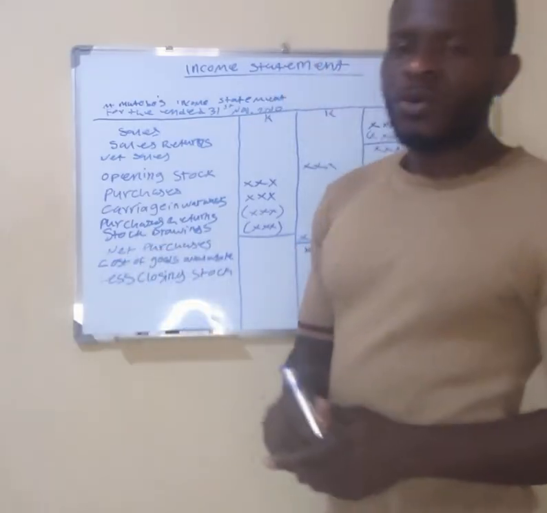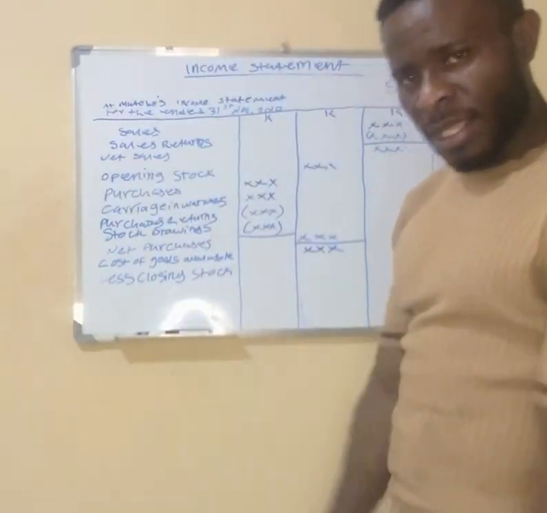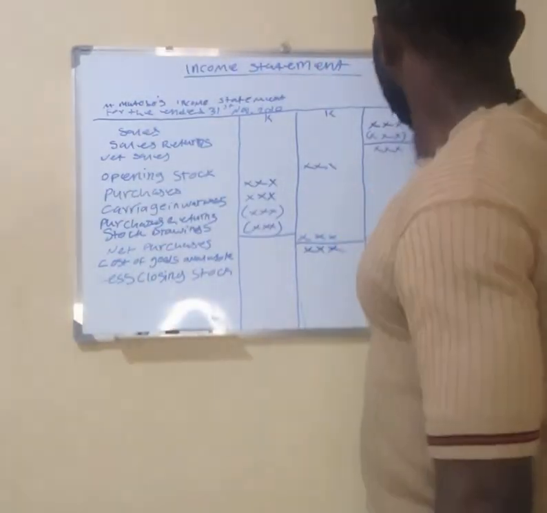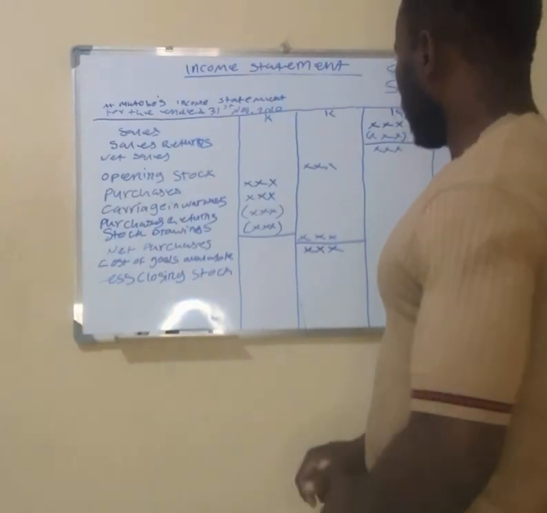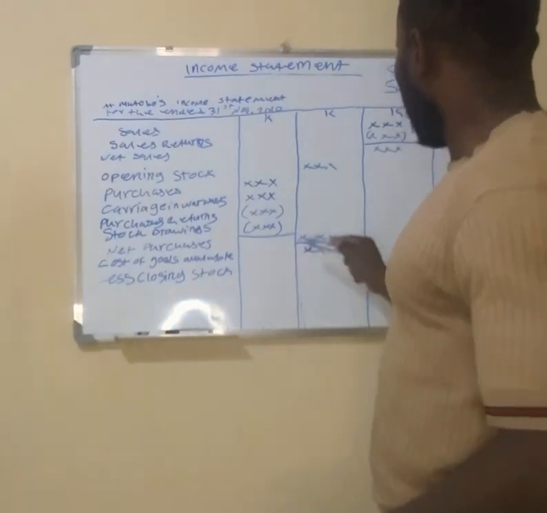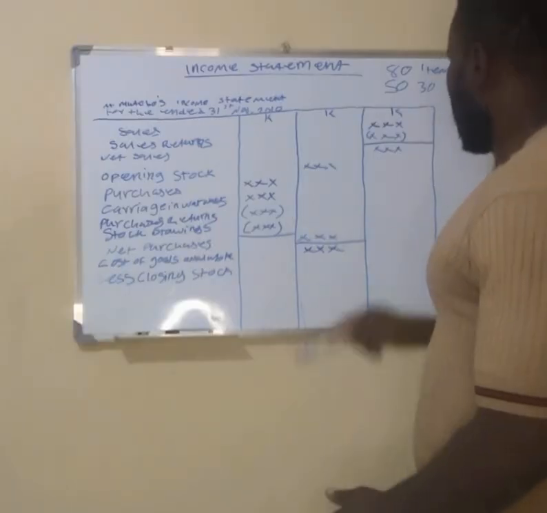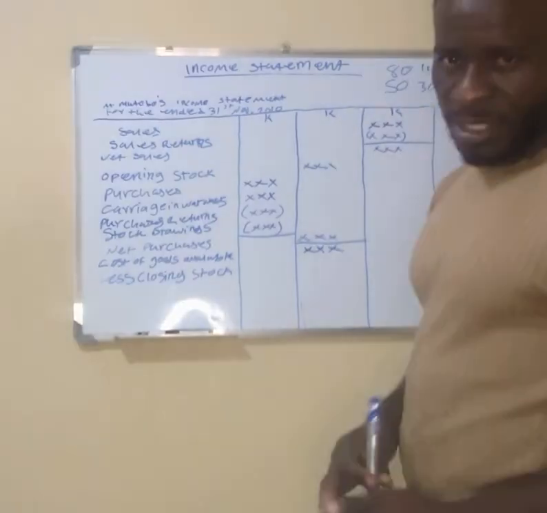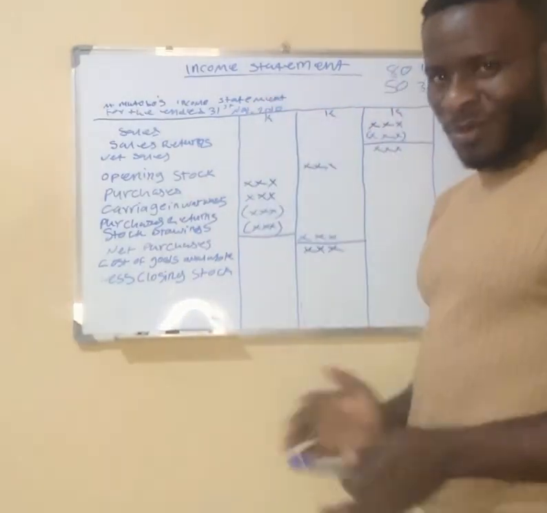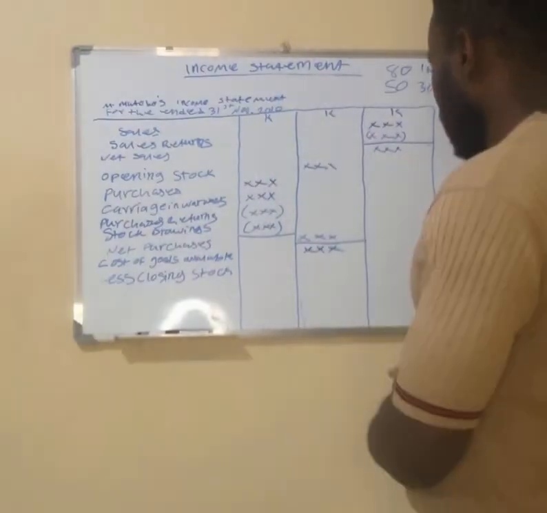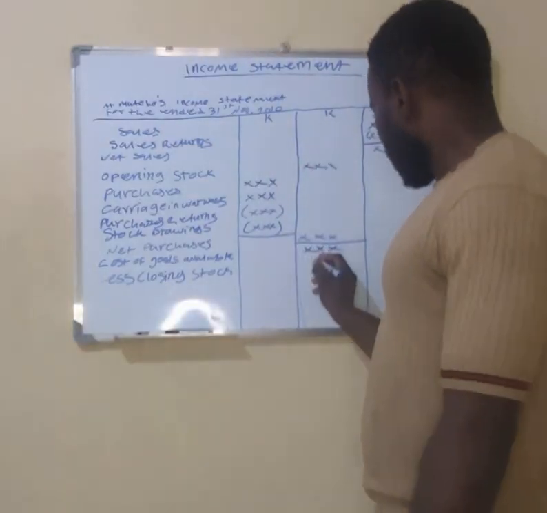This closing stock will now be the opening stock in another accounting period. Out of the 80 items that you had available for sale, you only managed to sell 50. And the 30 that remains is the closing stock, because these are the goods that remain after those goods have been sold. So you subtract it.